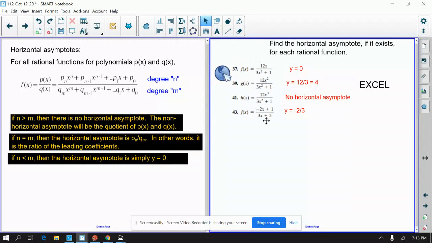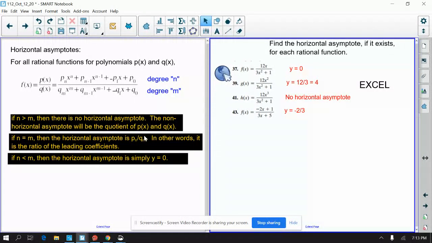So for instance, number 43 right here, negative 5/3 is a vertical asymptote because when x equals negative 5/3, you're dividing by zero. So this function is absolutely undefined. There is no y value attached to x equals negative 5/3. So you would just have a vertical asymptote, and the graph would be bending towards that vertical asymptote on both the left and the right.